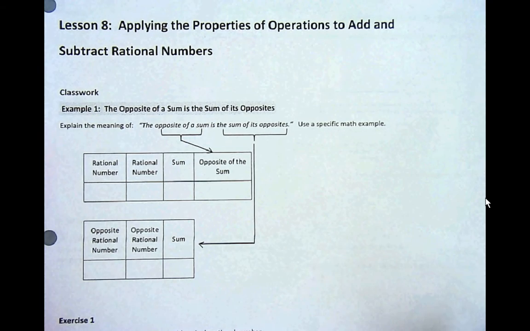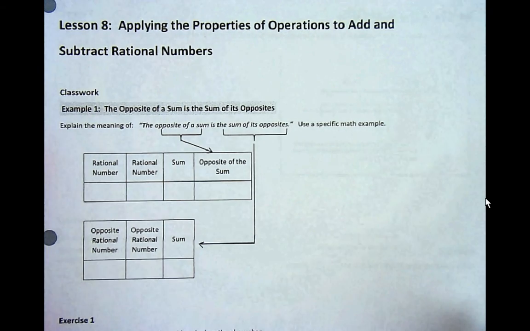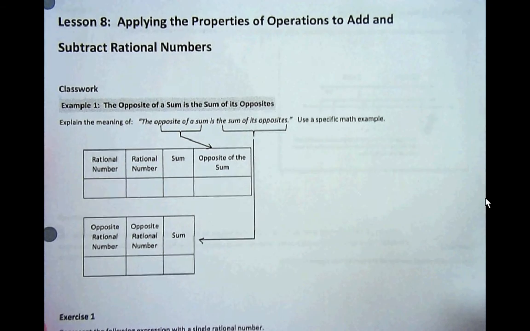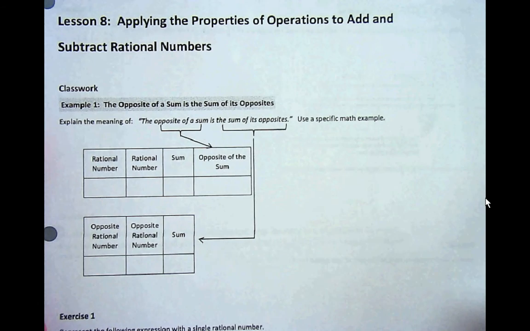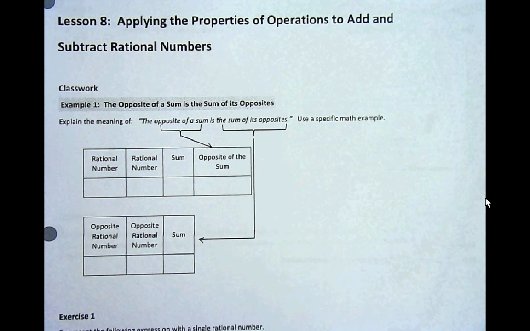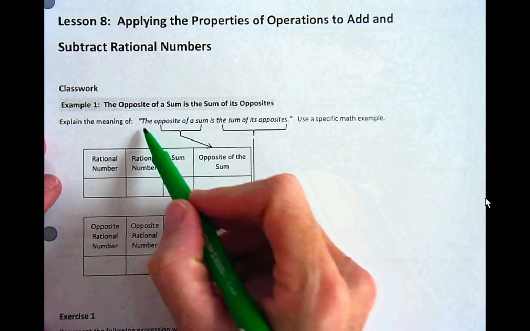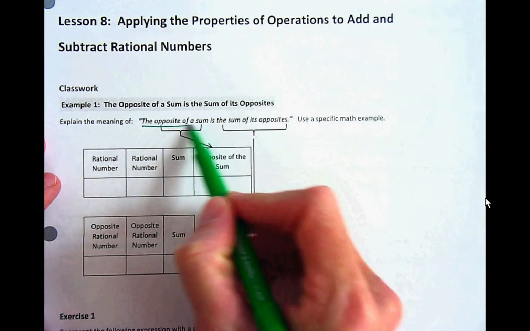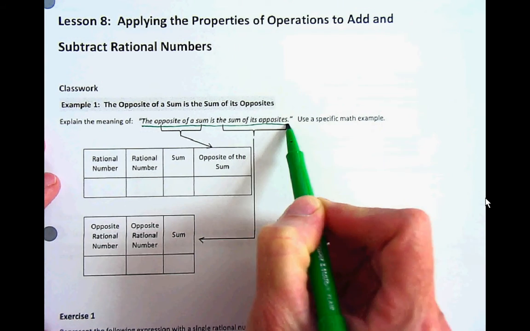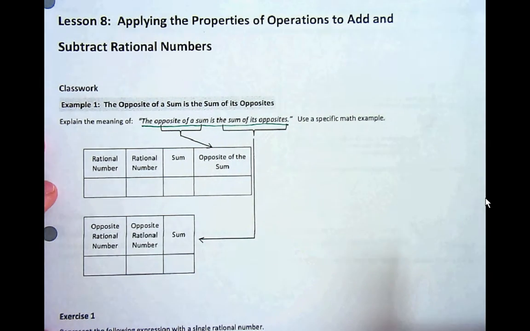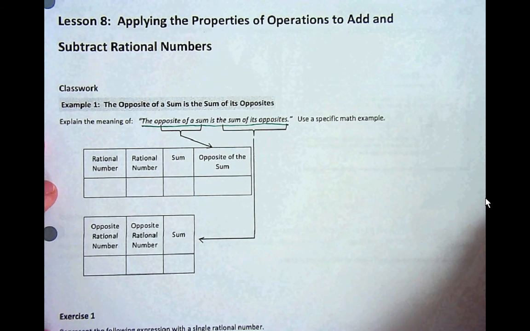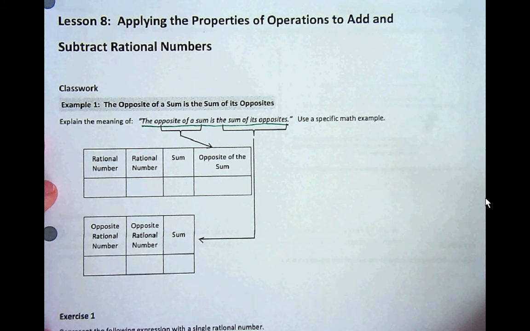All right, so we talked about our main premise: the opposite of a sum is the sum of its opposites. So we're going to be taking a look at this particular statement. I probably asked a couple of you to come up with numbers and their opposites.